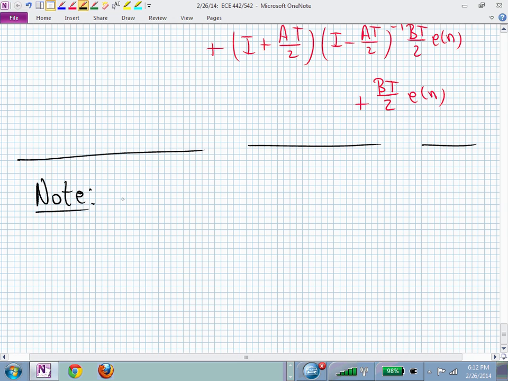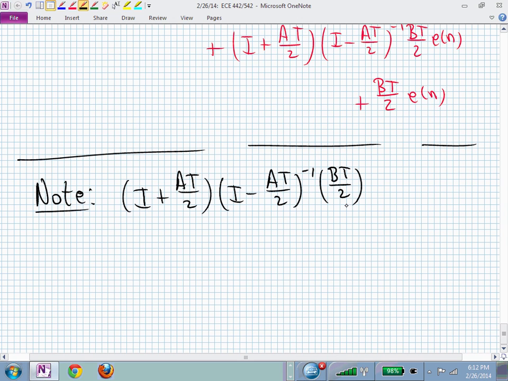So I'm going to look at I plus at over 2, I minus at over 2 inverse, plus, all of that is what scales little e of n. Are we okay with that? And I want to simplify that because it's kind of ugly now.